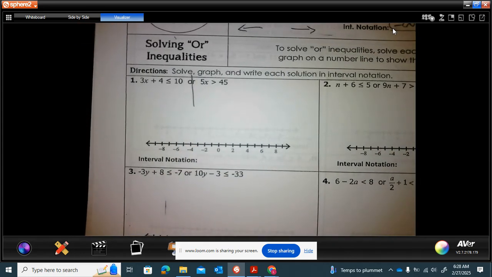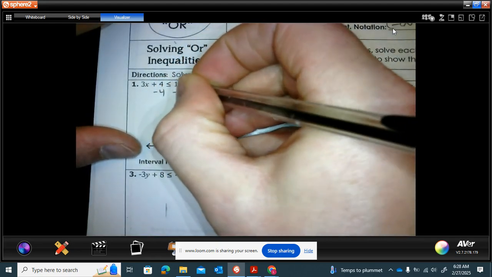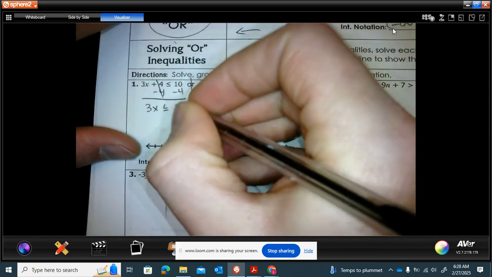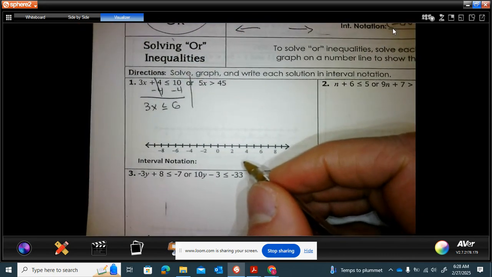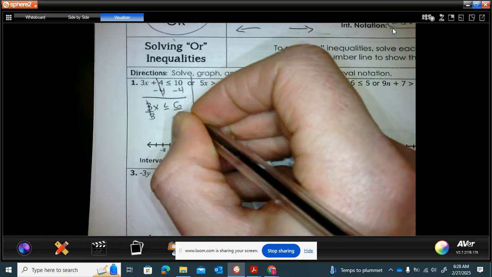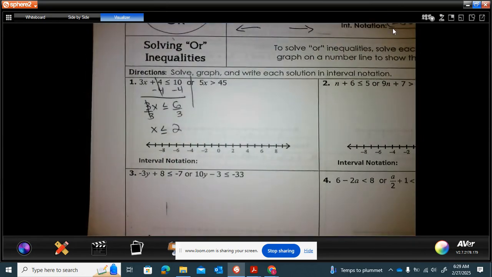So the very first thing you have to do is subtract 4 from each side. And so I'm going to subtract 4, and I'm going to be left with 3x less than or equal to 10 minus 4 is 6. And then I'm going to divide by 3, and x is less than or equal to 2.